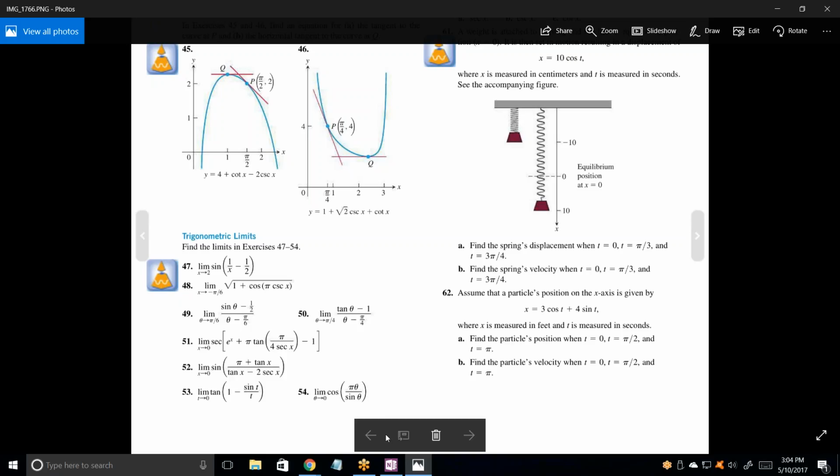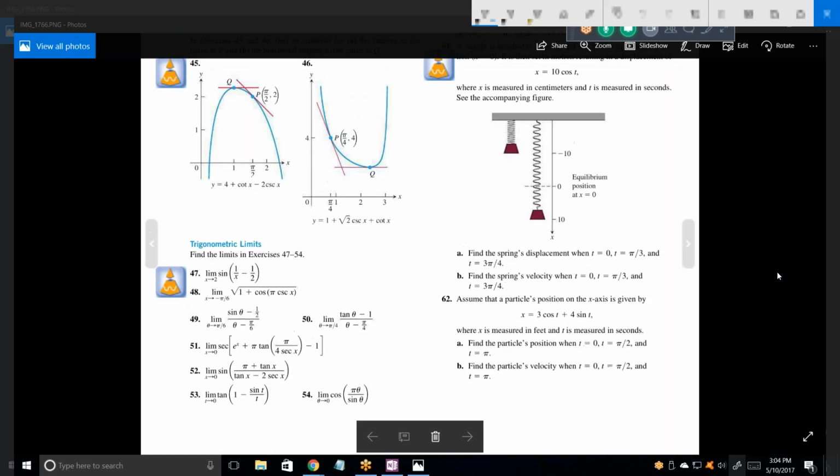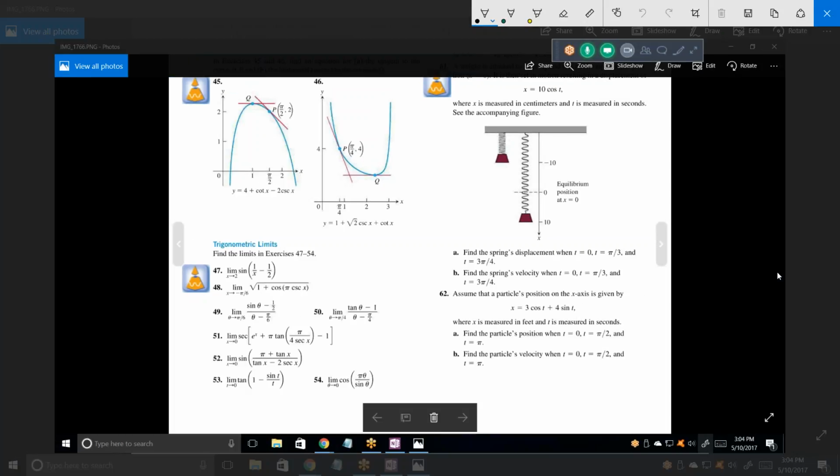All right. Let's see if we can set this up here. So we're going to take the derivative of this function and evaluate it at pi over 2. That's all we're going to do. Okay? So let's take the derivative of it.